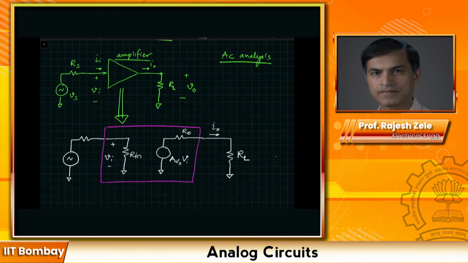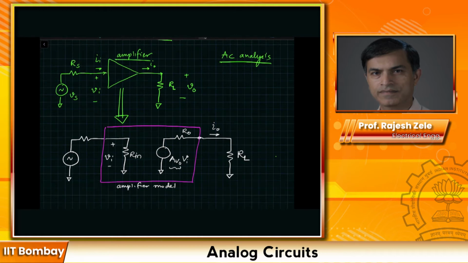The circuit inside the box is the amplifier model. We are showing the input resistance of the amplifier as Rin, and the voltage across this input resistance is Vi, and at the output we have the output resistance Ro. This Ro is driven by Avo Vi, where Avo denotes the gain provided by the amplifier.